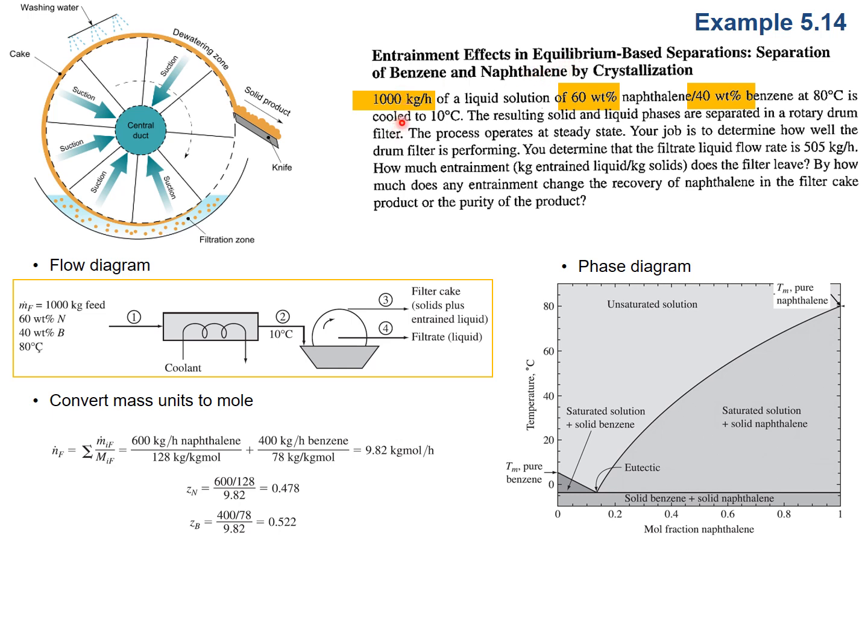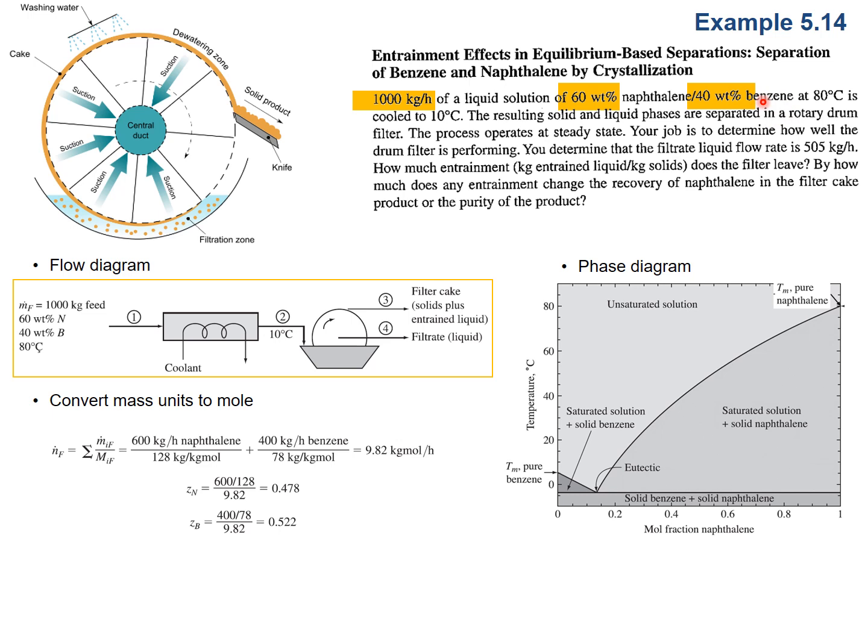So here, 1000 kilogram per hour of a liquid solution of 60 weight percent naphthalene and 40 weight percent benzene at 80 Celsius degree is cooled to 10 Celsius degree. As you know, at room temperature, naphthalene is solid and benzene is liquid.